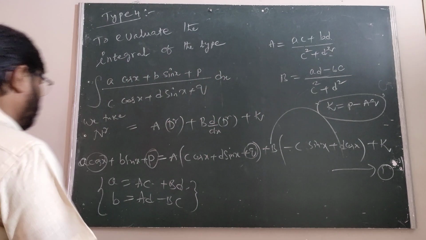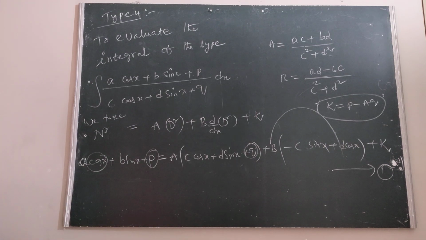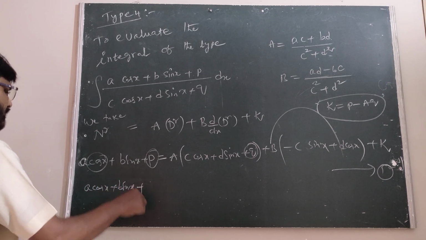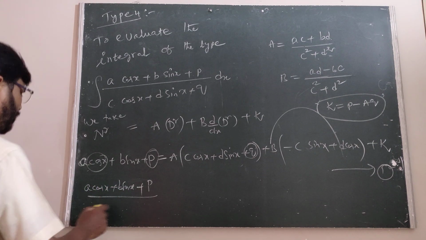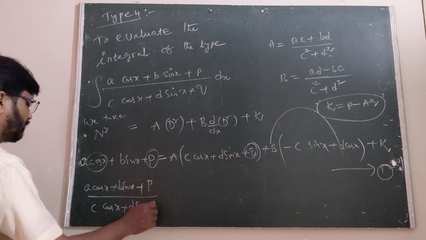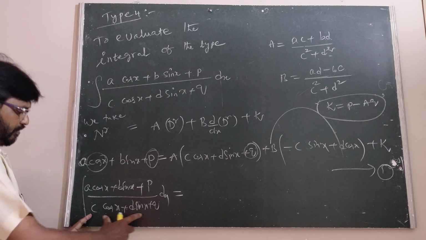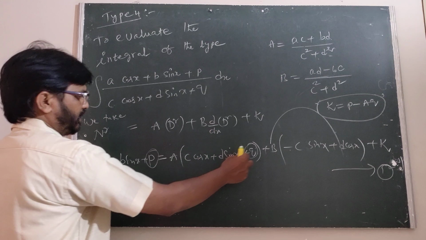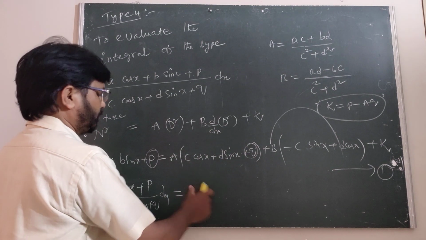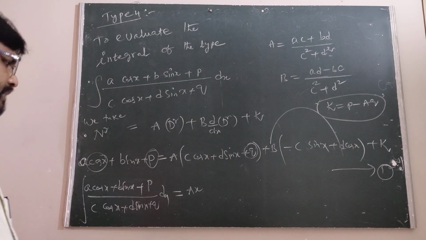These are substituted in this. Then what is the answer here? Integral of (a cos x plus b sin x plus p) upon (c cos x plus d sin x plus q). Now we can divide by c cos x plus d sin x plus q. Therefore we are getting A into 1 dx, and A into 1 dx is Ax.